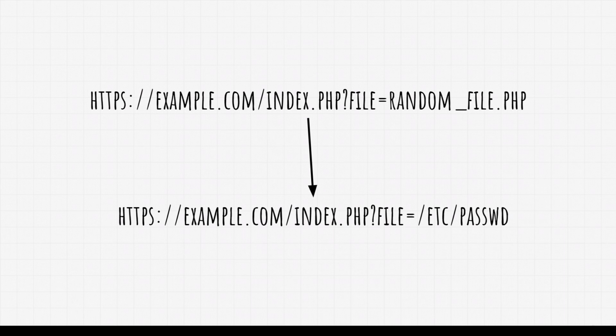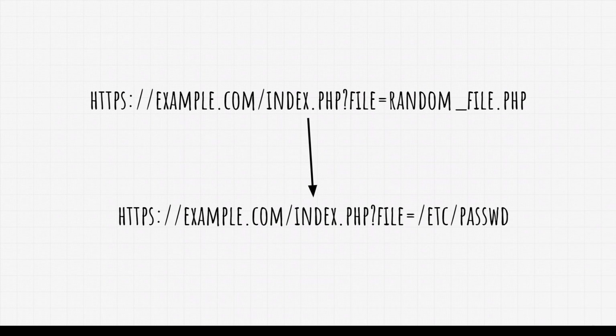What if we type, instead of randomfile.php, we type in /etc/passwd. If we get the output of the passwd file, or if it downloads it to our machine, we have an example of broken access control. We downloaded something that we should not have been able to.